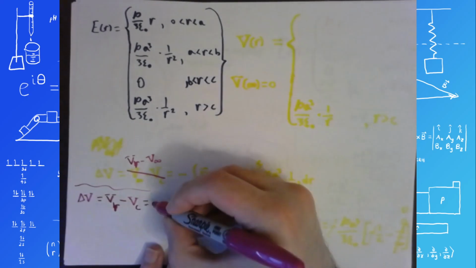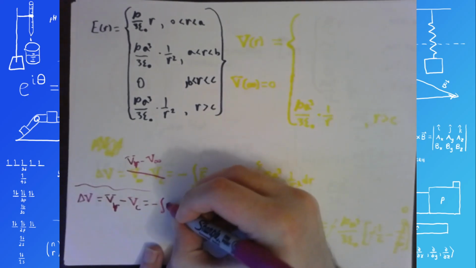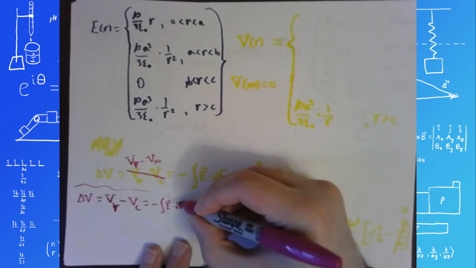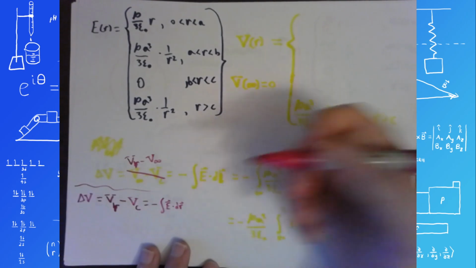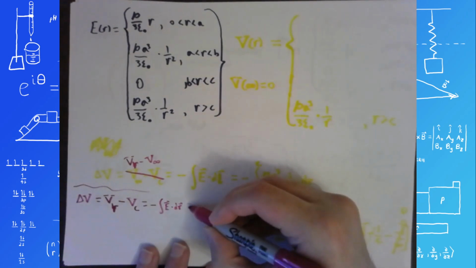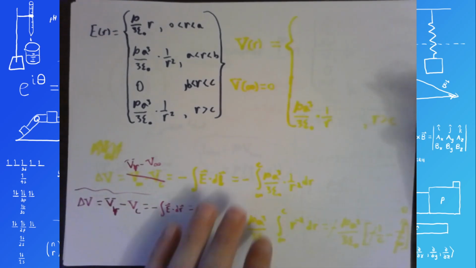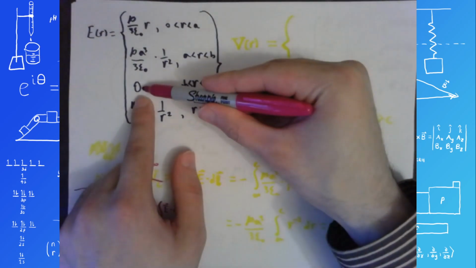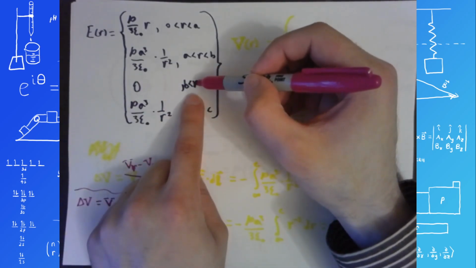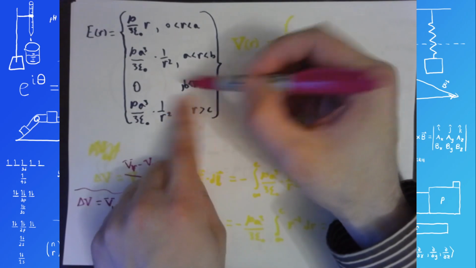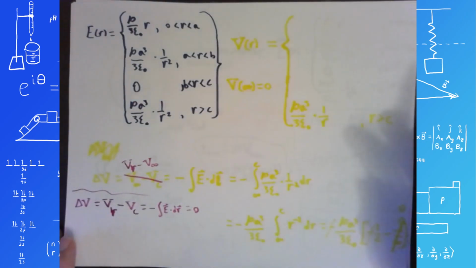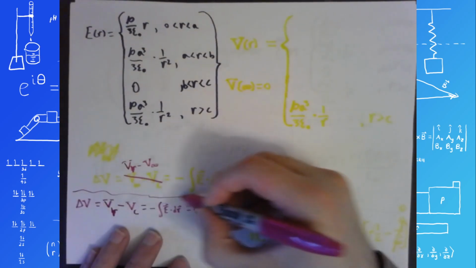And that's going to be negative integral E dot dl, or I guess E dot dr. And this is actually going to be 0, because the electric field in that region, for all points where R falls between B and C, is 0, and the integral of 0 is always 0, so actually we don't have to do anything else.